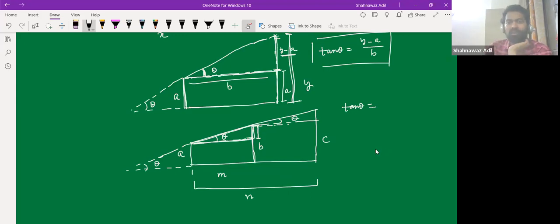B minus A. This part is A, right? Yes. So total is B, B minus A divided by M. Clear?